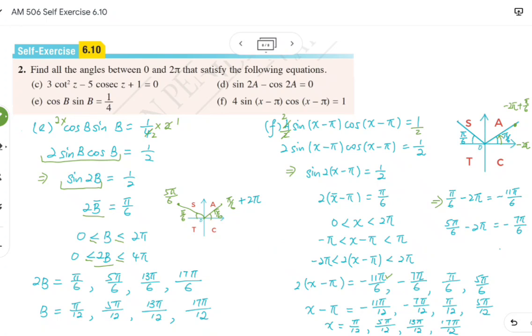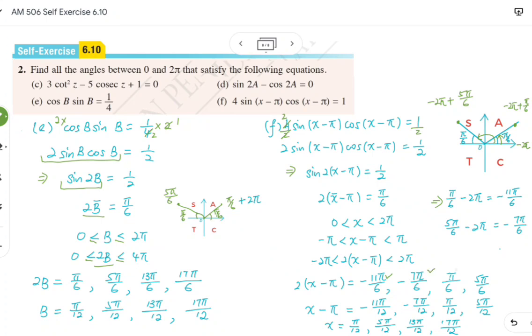And then, same here, start turning from negative 2 pi to here, anti-clockwise, to get the second angle. So we get negative 2 pi plus 5 pi over 6, and there we get negative 7 pi over 6.